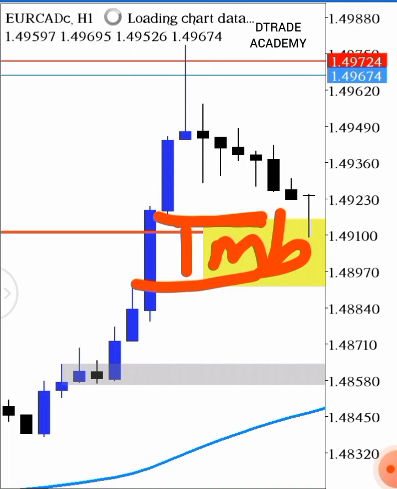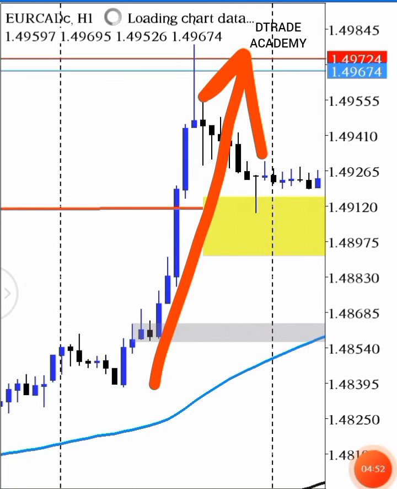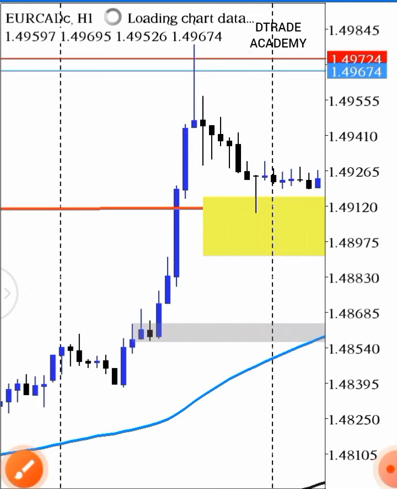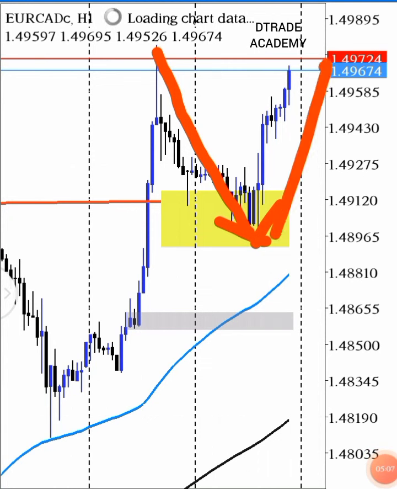The space left there is where sellers are meant to fill, because it's buyers that push the price up, leaving no room for sellers to come in. So sellers need to come in. Once price has reversed, when sellers have pushed the price down, it has to fill in that imbalance and then go up.